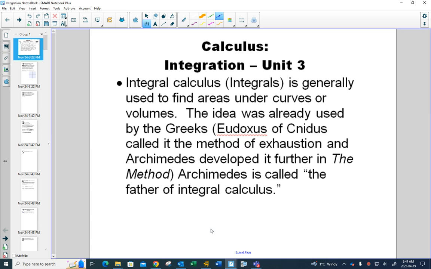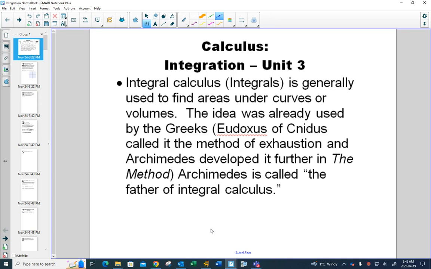We talked in our derivatives units how Newton and Leibniz are credited with coming up with calculus relatively at the same time, give or take 25 years. Just kind of funny to think of that as relatively the same time. But independently, integral calculus goes back all the way to the Greeks. And it was initially started with trying to figure out the area under a curve.